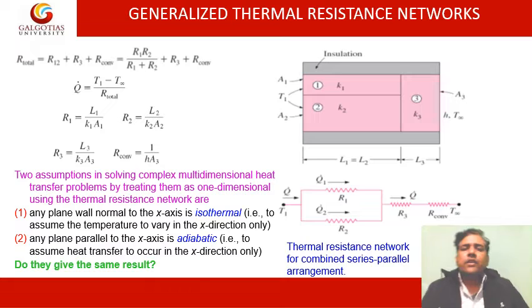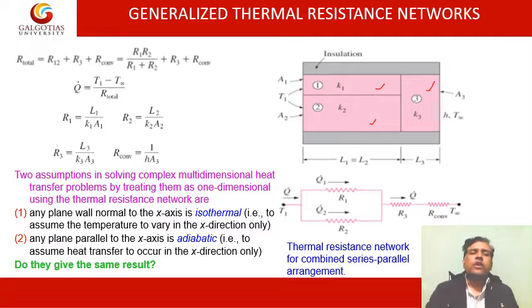Now consider one more case where three different materials are arranged in this way. You can see 1 and 2 are in parallel like in the previous case, but R3 is not parallel. It is in fact positioned in series. So what is the total resistance?